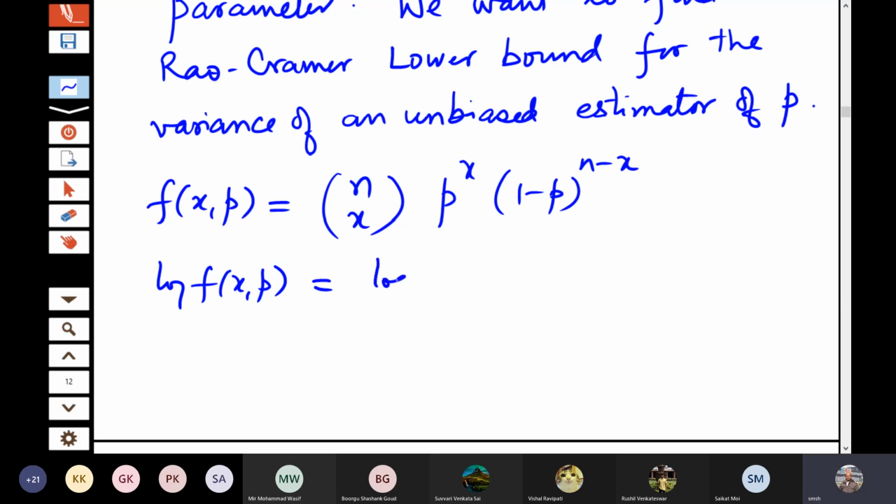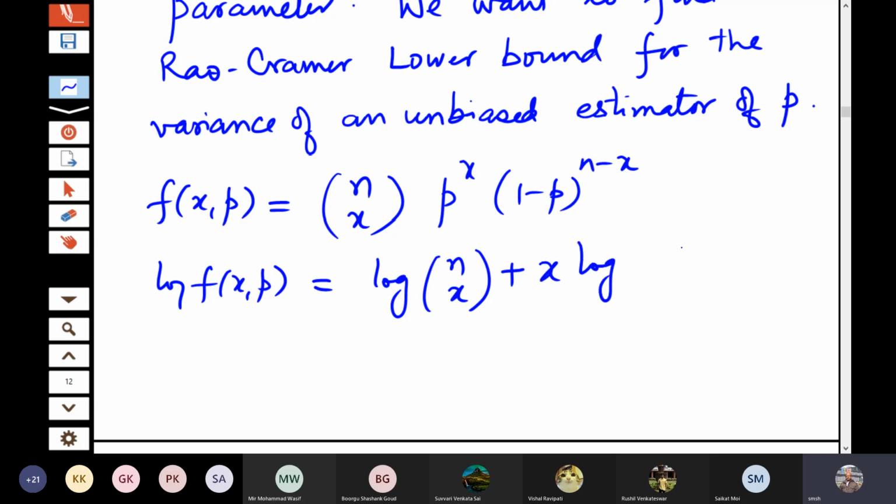You will see that in many of the statistical methodologies that I will be teaching you, the calculations are of a similar nature. For example, this log of f I have done for the maximum likelihood estimation also.